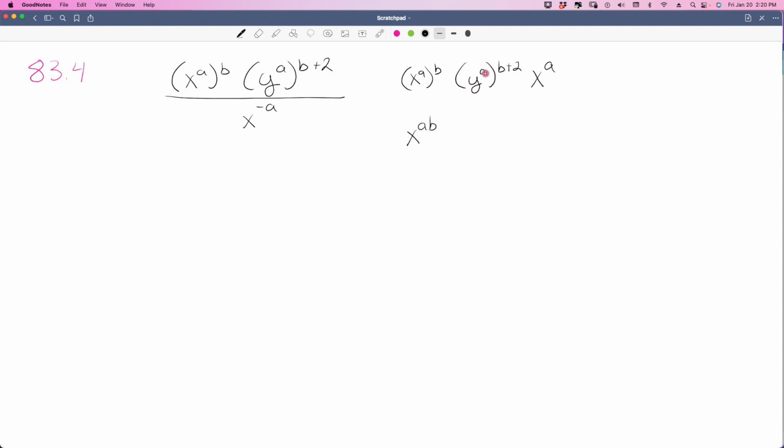So now we have our Y. So we have Y, and this is going to be A times B plus 2. You can just write it like that for right now, just to wrap your head around what has to happen. Okay? This is exactly what's going on here. I know that I have the parenthesis around the B plus 2, and it wasn't there before.